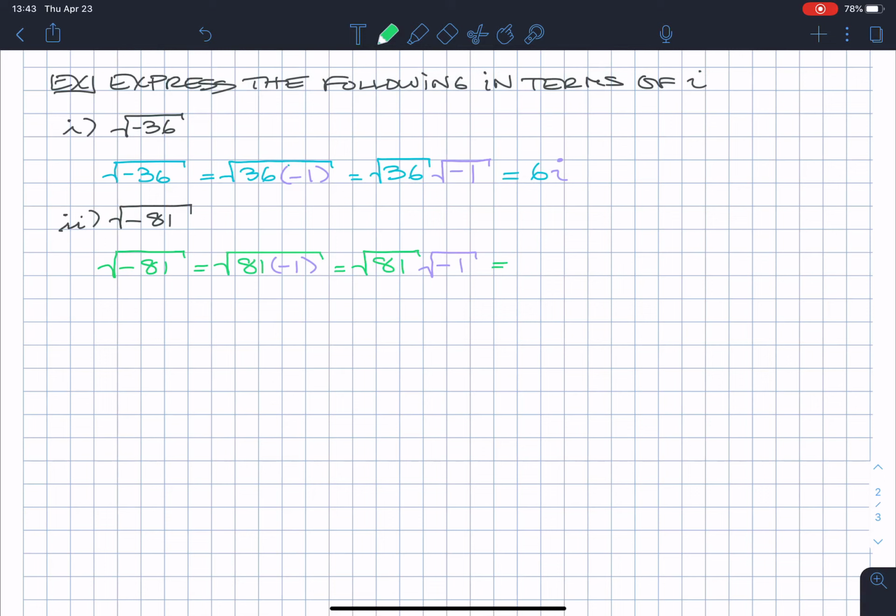So this is going to be 9. The square root of 81 is 9, and the square root of negative 1 by definition is I.